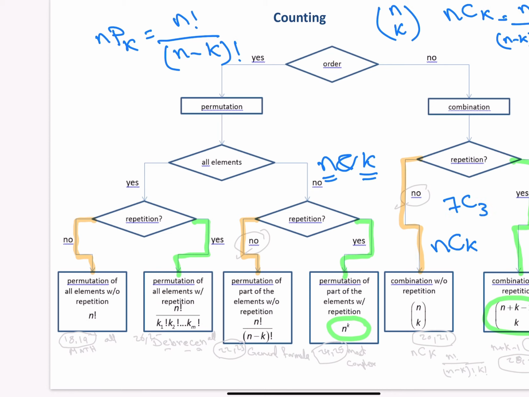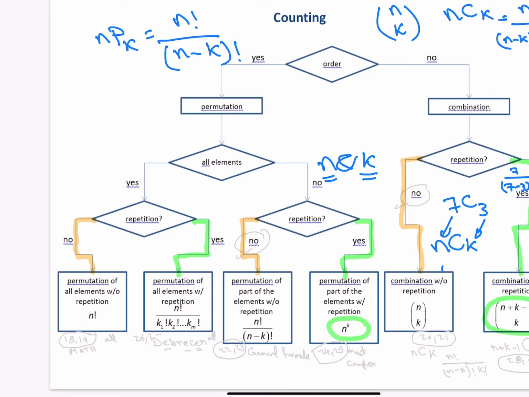For example, if I said here 7C3, so 7 is n, k is 3. In this case, it will be 7 factorial divided by 7 minus 3 factorial times 3 factorial.